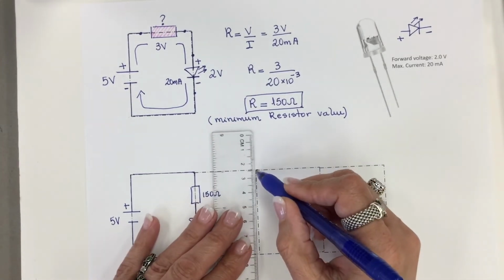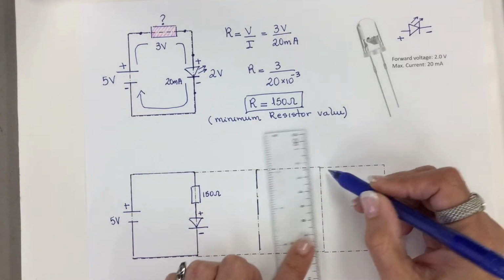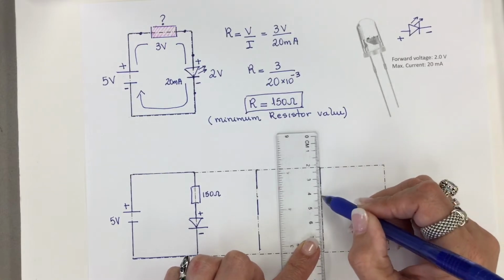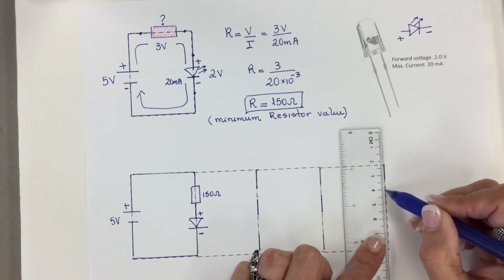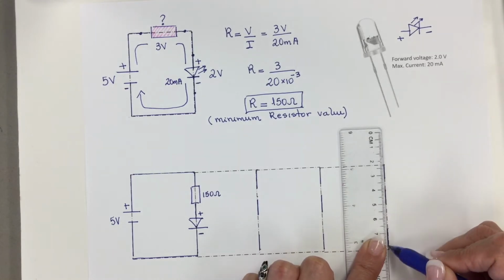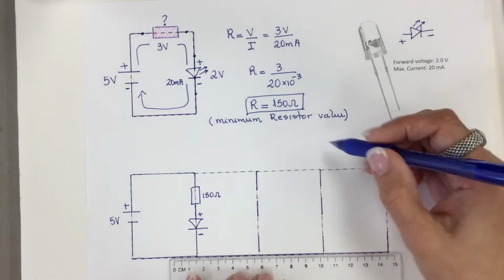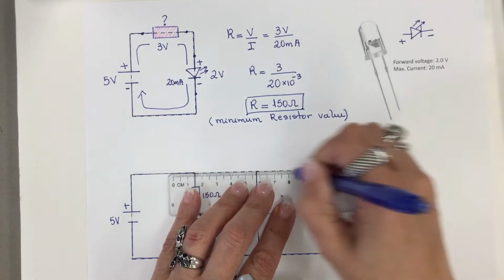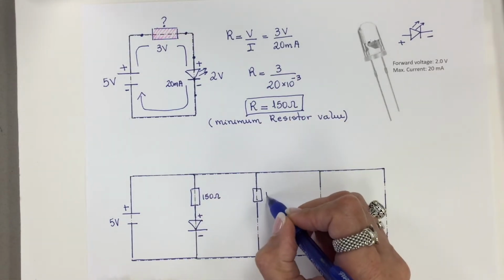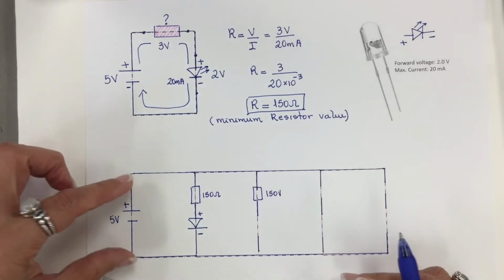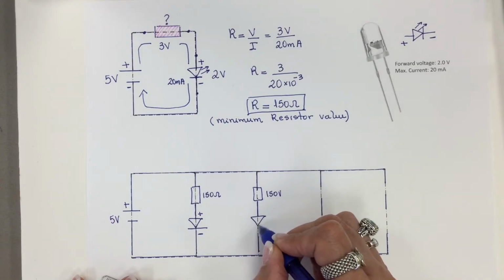I'm going to do the same thing here, and I'm going to use another color and another here and another here. So I'm going to mount on my breadboard 4 colors, 4 LEDs, and because it's in parallel, my resistor here is the same, because the voltage across this section is also 5 volts.